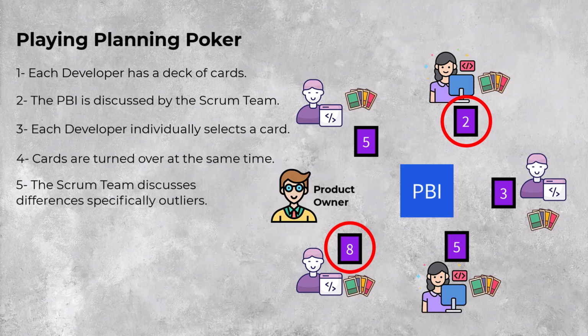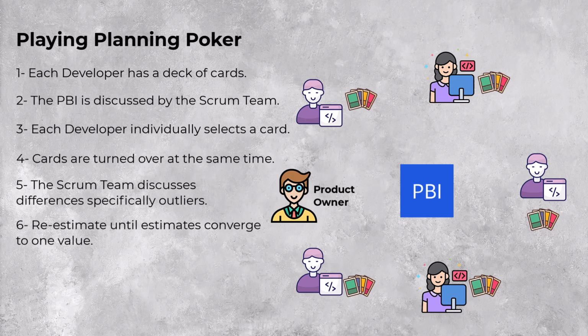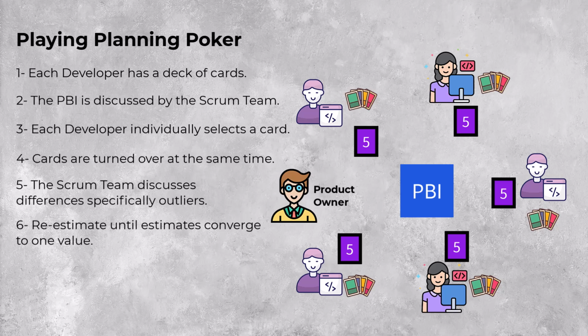With a new round of conversation, all members get a better understanding of the work. 6. Re-estimate until estimates converge to one value. And 7. You are there. You have estimated your PBI with the collective intelligence of the team.